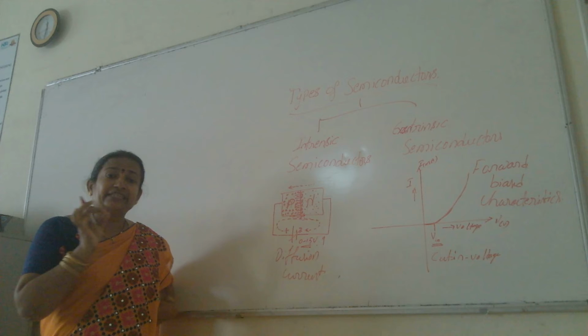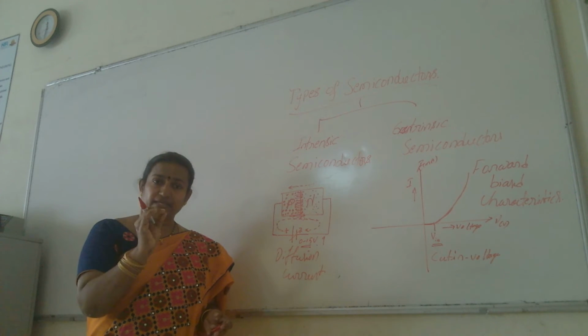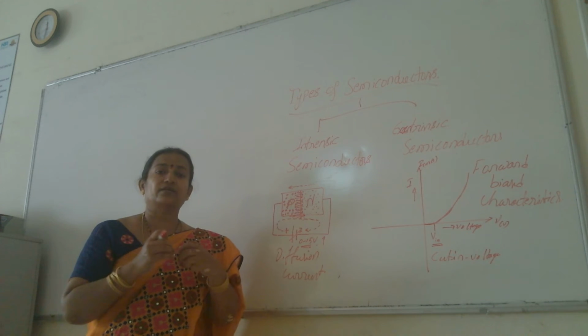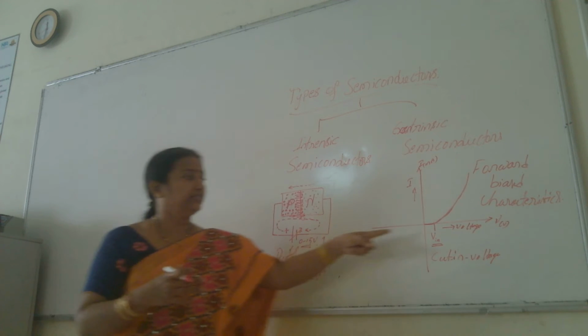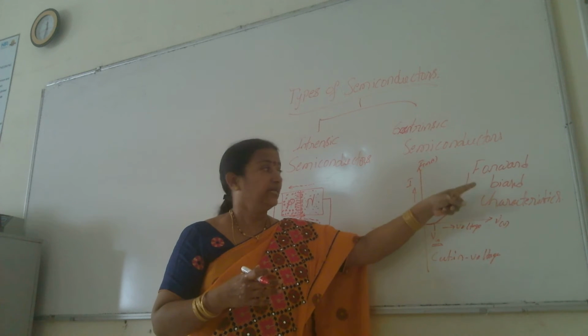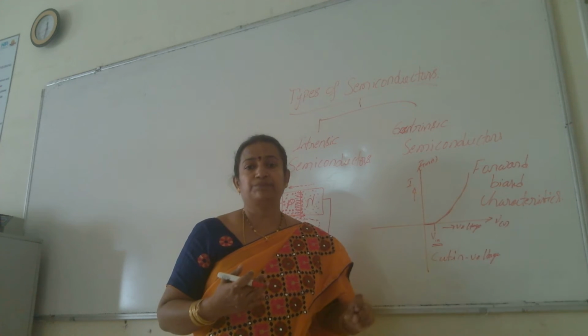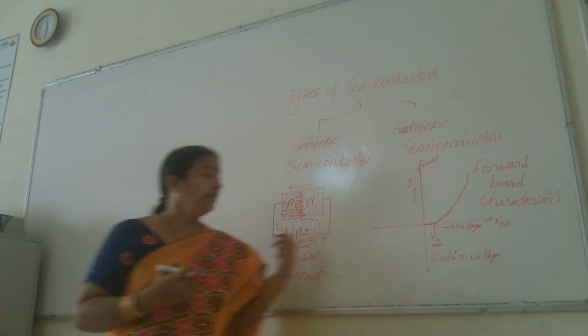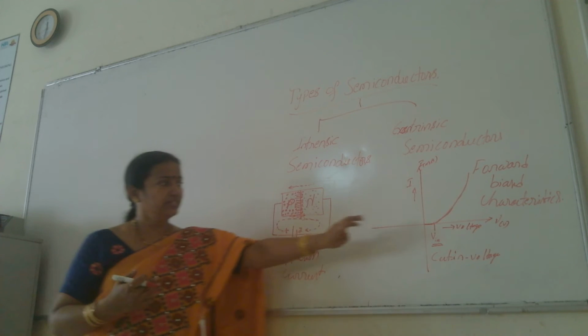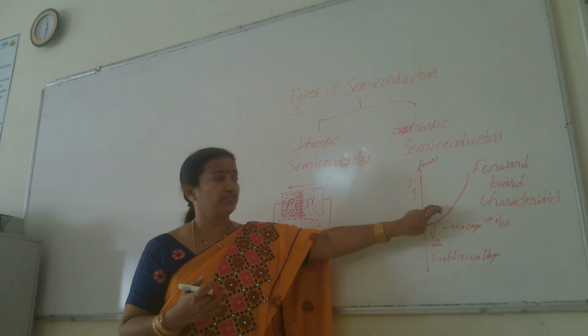Reduced means the thickness of the depletion region is minimized, so more charge carriers cross the junction, which leads to a larger current flowing through it. That's the reason we call it forward biased characteristics. This is the forward biased characteristics of a PN junction diode.